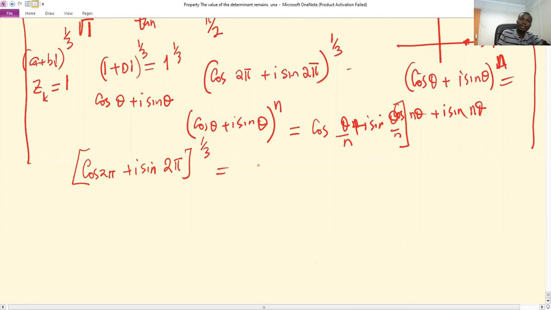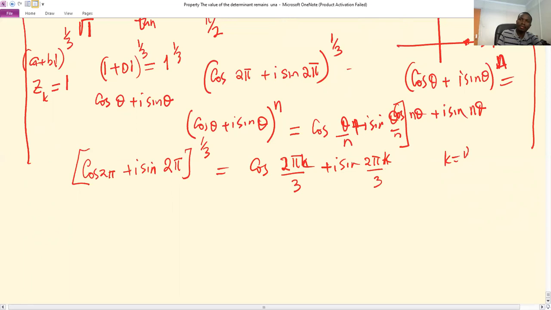So the same as cos of 2 pi k over 3 plus i sine 2 pi k over 3.